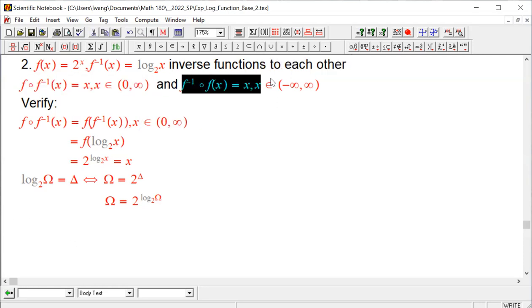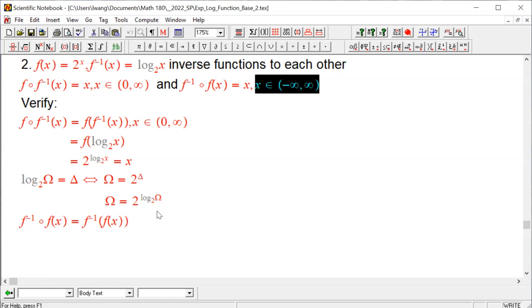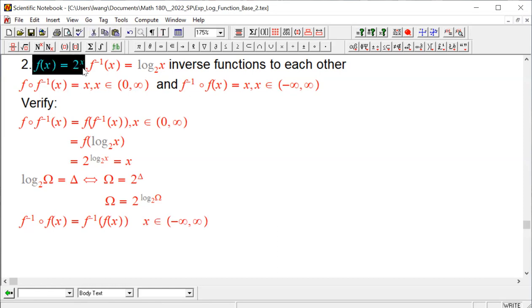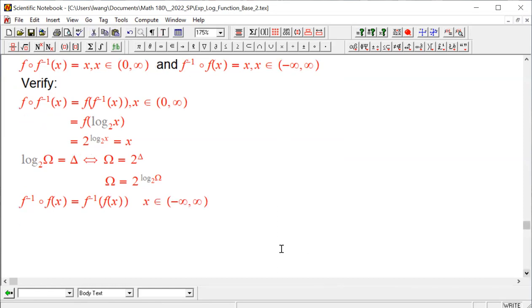Next, let's look at this piece. On this piece, it equals F inverse of f of x. Of course, this x will be from where? It's from the domain of f. The domain of f is all real numbers, okay?